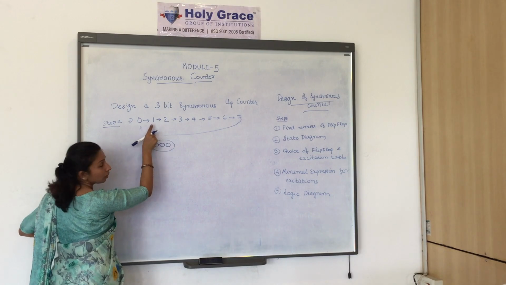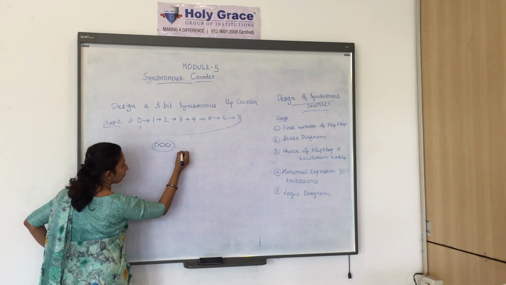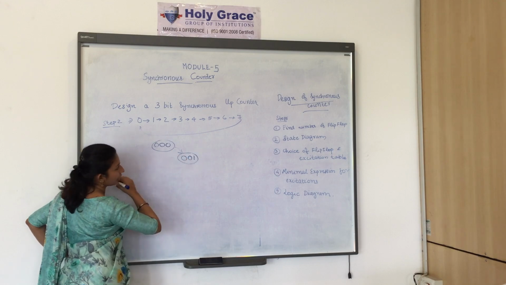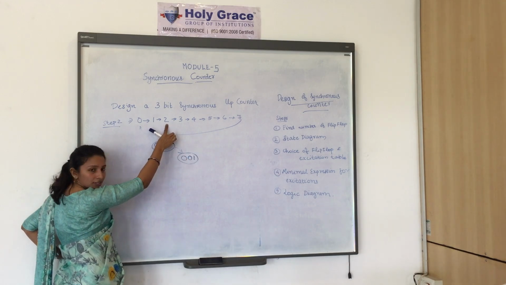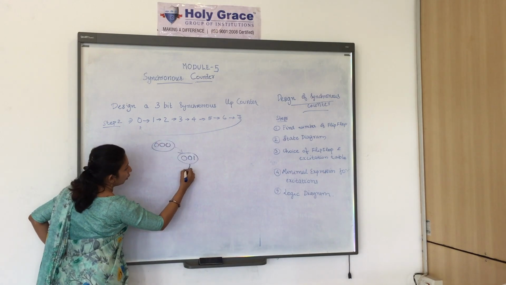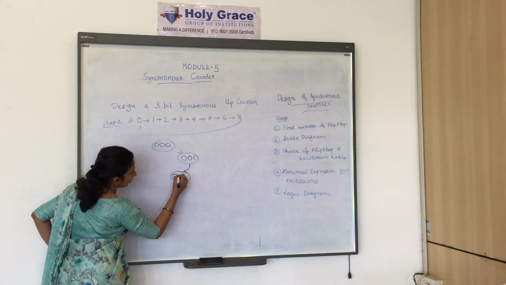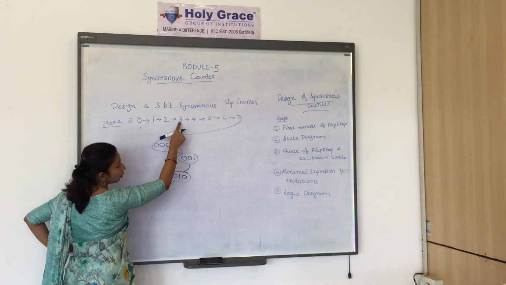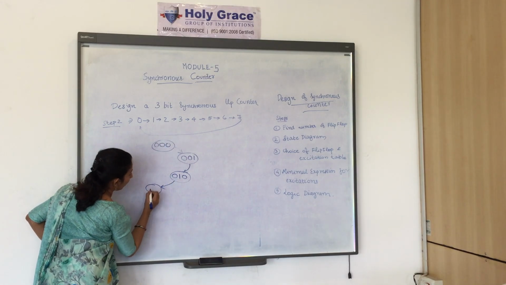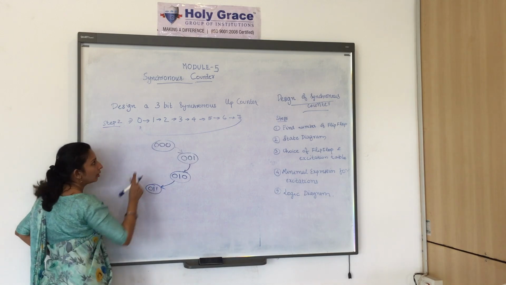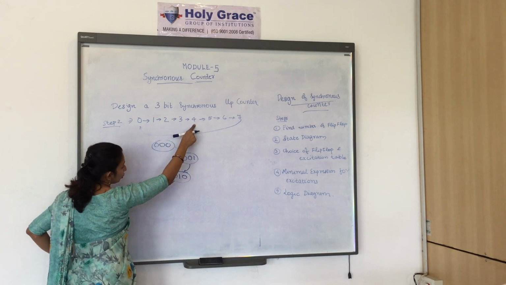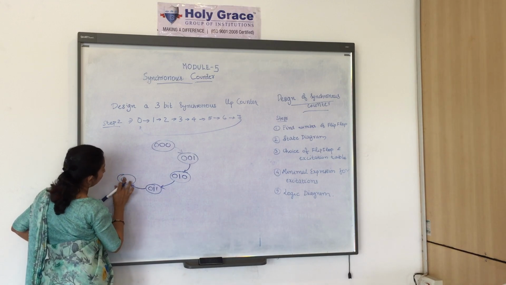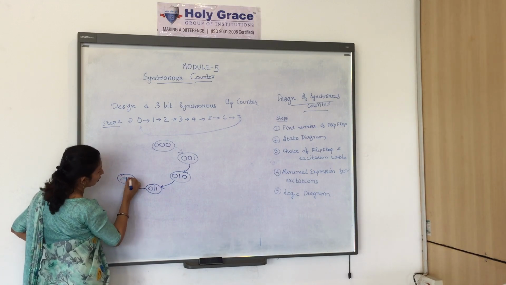Now it goes to state 1, which I will represent as 0, 0, 1. Next it goes to state 2, whose binary is 0, 1, 0. From 2 it goes to 3, which is 0, 1, 1. From 3 it goes to 4, which is 1, 0, 0.